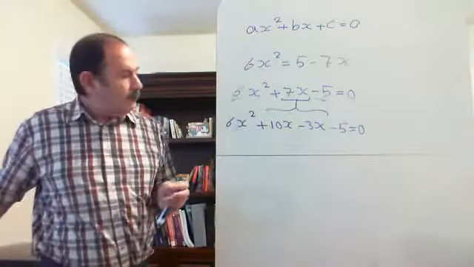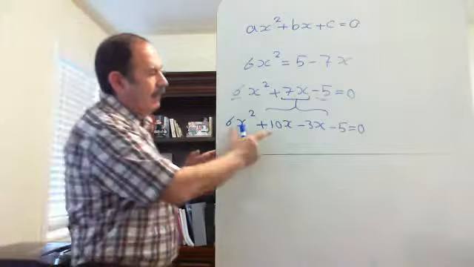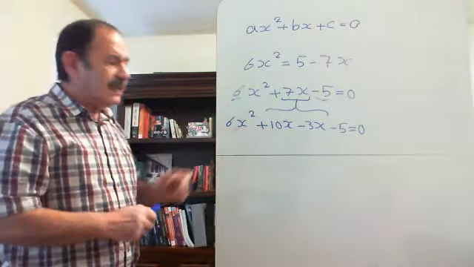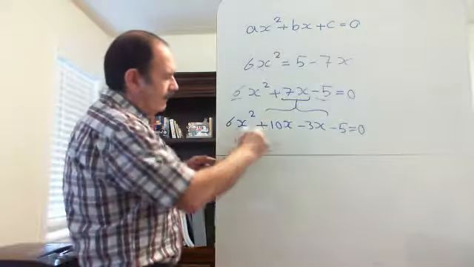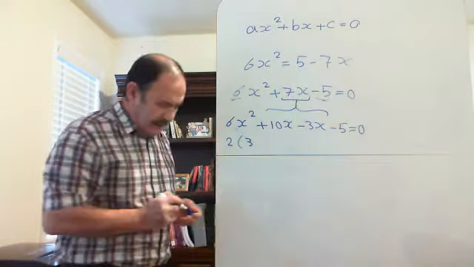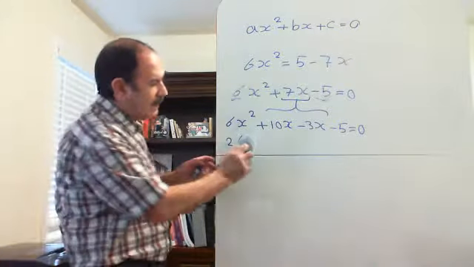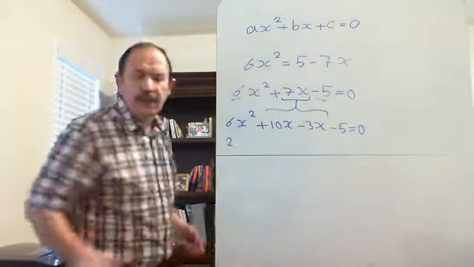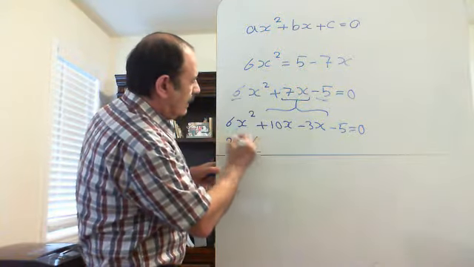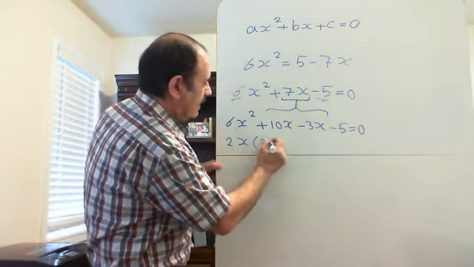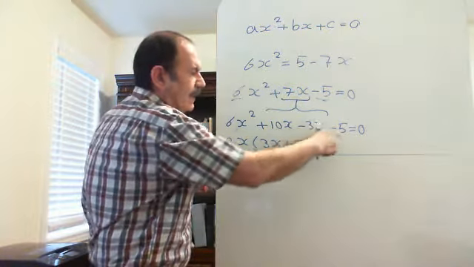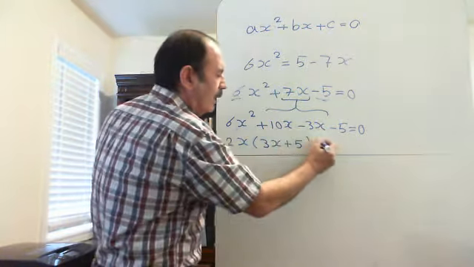Now, in this case, I have 4 terms that I can factor by grouping. For the first two terms, I can factor out 2x. Then it's going to be 3x plus 5. And for this one, I can factor out negative 1.